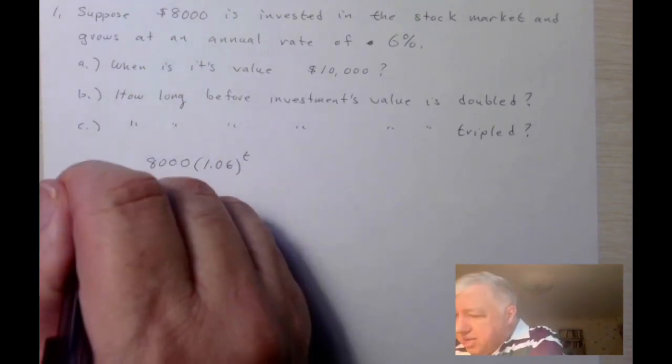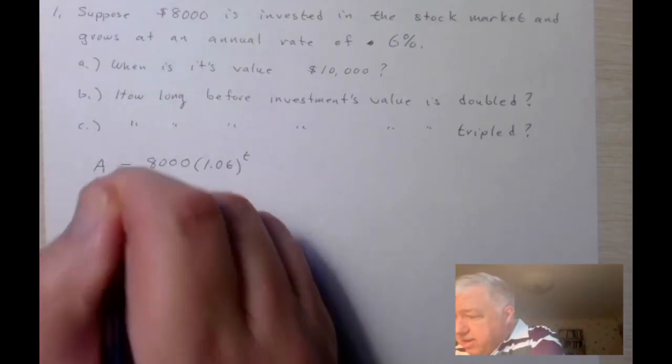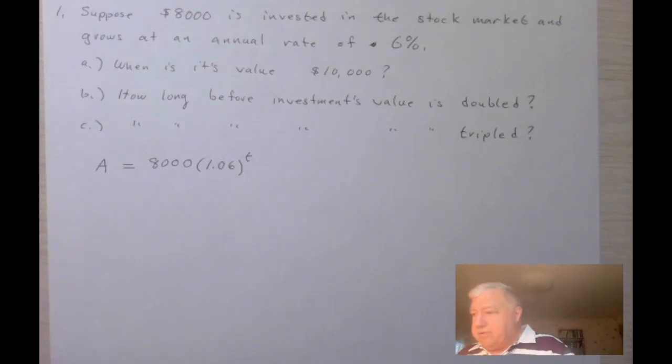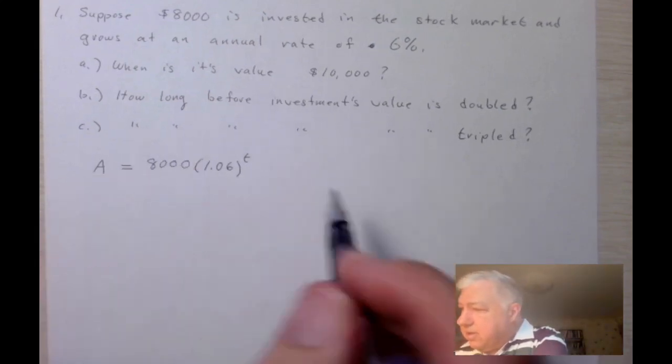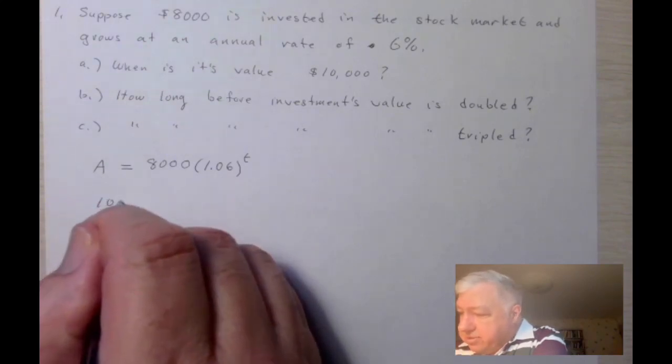Let A be the amount, the value of your investment after t years. If we want this to be 10,000, we just replace A with 10,000.